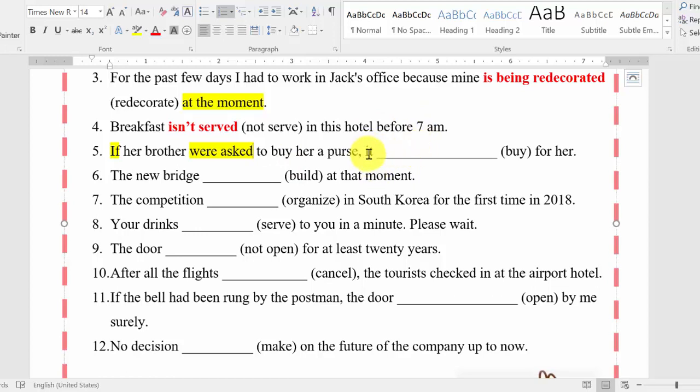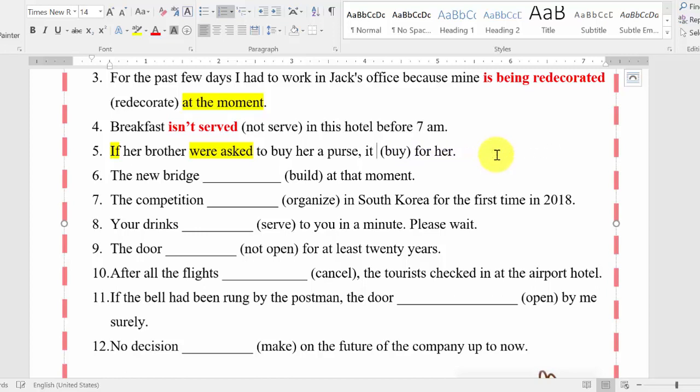Okay, so it refers to the purse. A purse cannot buy itself. It must be bought by someone. So it should be a passive sentence. Your answer should be would be PP. Sorry, just now I mentioned that it should be would be original verb, right? Sorry, that is wrong. It should be would be PP.